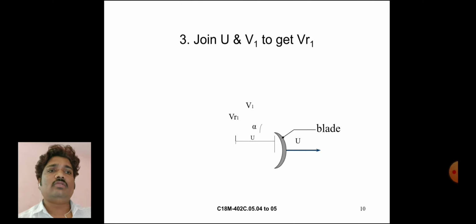Blade velocity, u is the blade velocity. VR1 is the blade inlet relative velocity, as shown in figure 3.